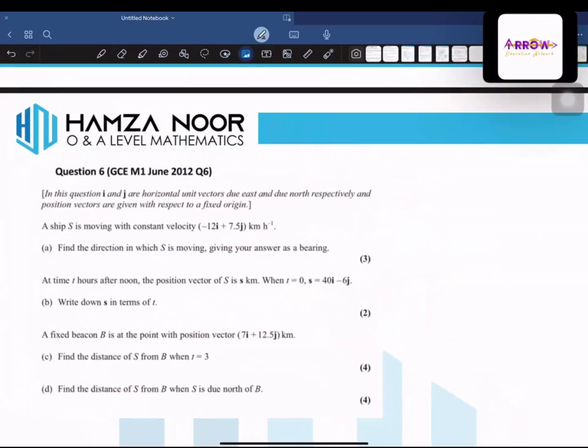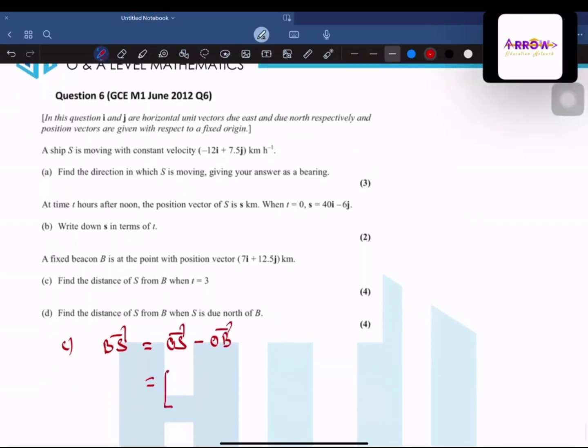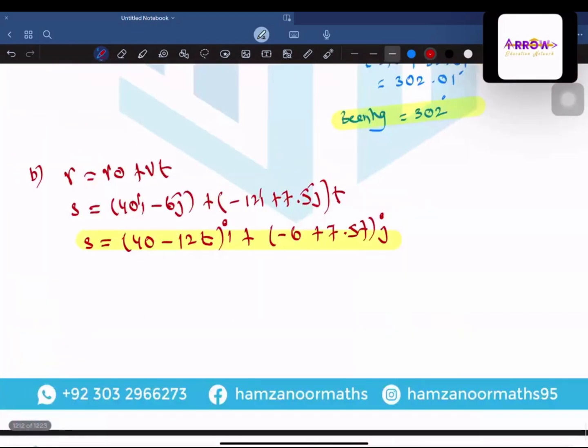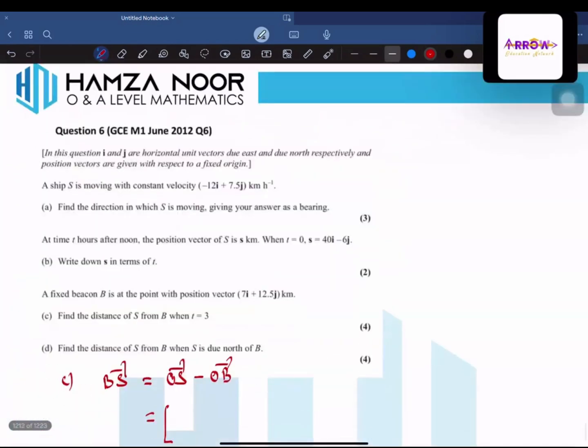All right, so for part C, I'm going to find the BS vector, or you can say simply the SB vector. That's perfectly fine. According to the vector subtraction law, BS would be OS minus OB. The vector subtraction law you have been studying since O level and IGCSE mathematics. The OS vector's i component is 40 minus 12t.